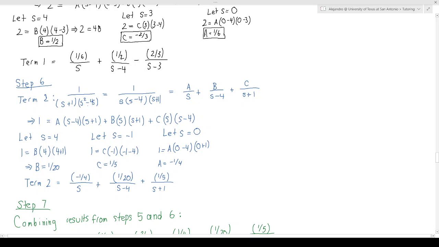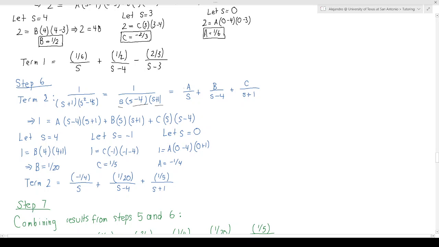And in term 2, we end up with 1 over s plus 1 times s squared minus 4s. It's a similar thing. We factor s squared minus 4s. We realize that it's s times s minus 4. And we notice that each factor in the denominator has a real root. The real root of s is 0, the real root of s minus 4 is 4, the real root of s plus 1 is negative 1. And of course, the roots are the values of s that make the term equal to 0.